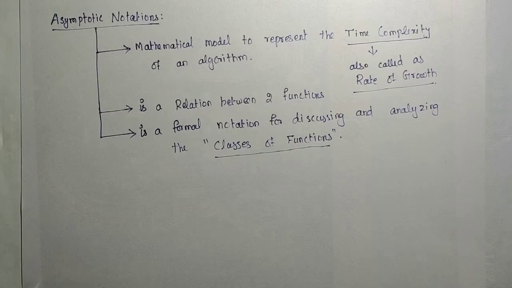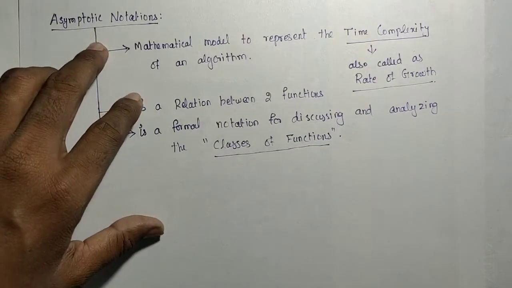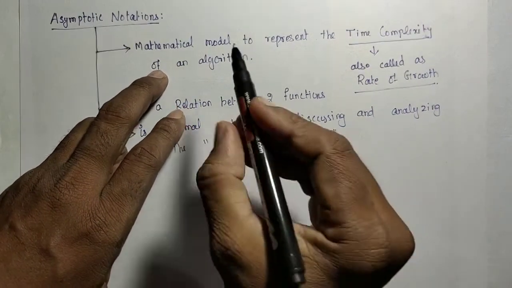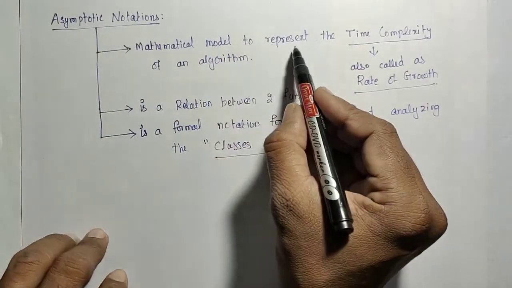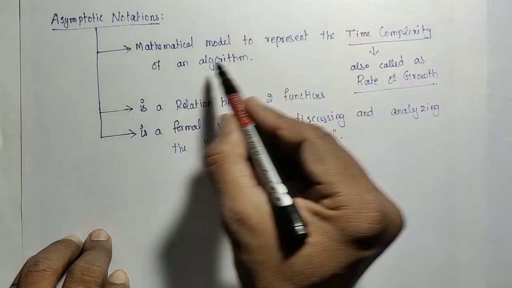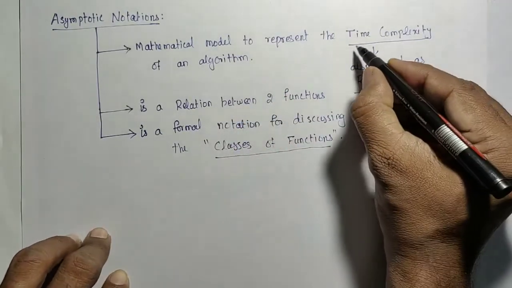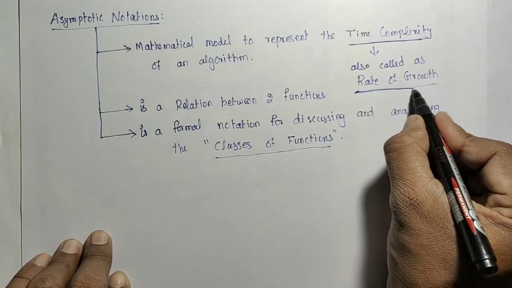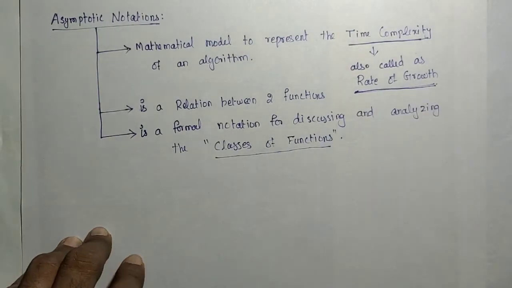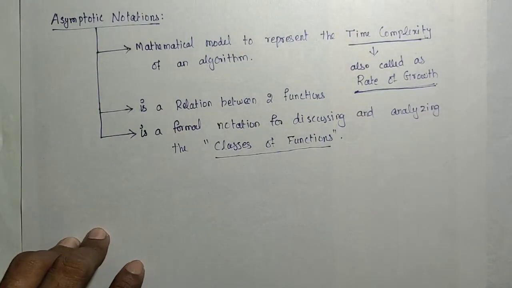In terms of asymptotic notations. The asymptotic notations are nothing but a mathematical model to represent the time complexity of an algorithm. The time complexity is also called the rate of growth of an algorithm.